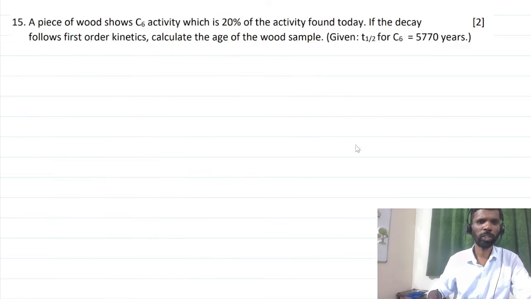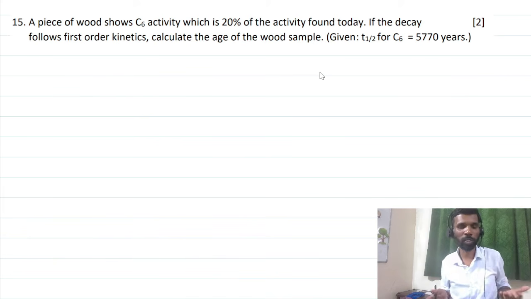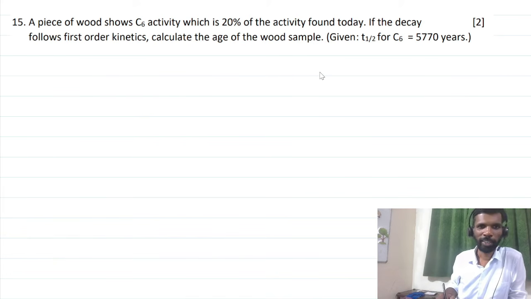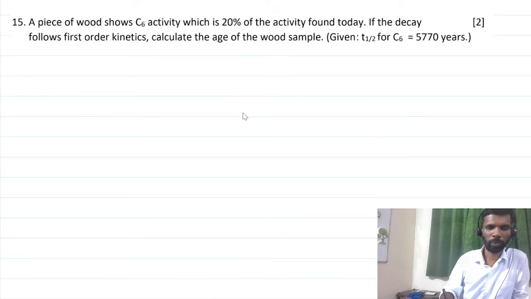Okay, this question is slightly different. It looks slightly different, but the final conclusion of this question is very simple. A piece of wood shows C6 activity, carbon's activity, which is 20% of the activity found today, right?